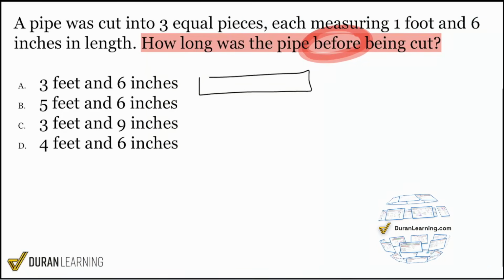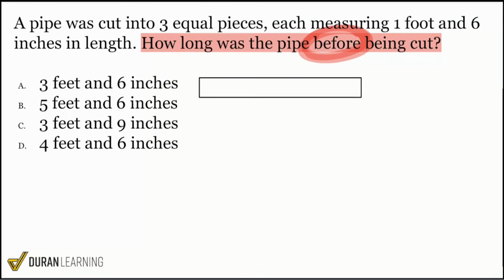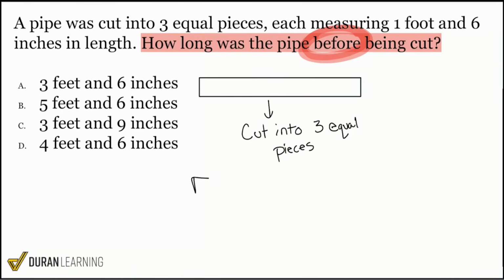We had this pipe originally, and this pipe was then cut into 3 equal pieces. And then we get the result, which is going to be 3 pipes, 3 pieces there. Shouldn't have done that right there.